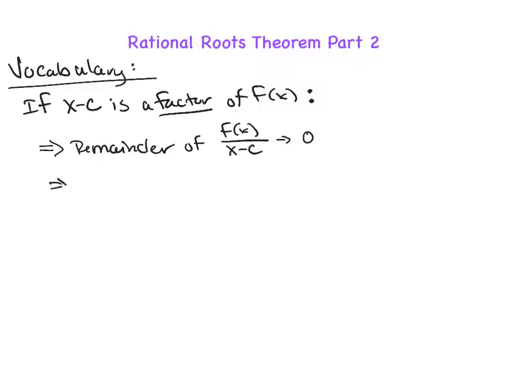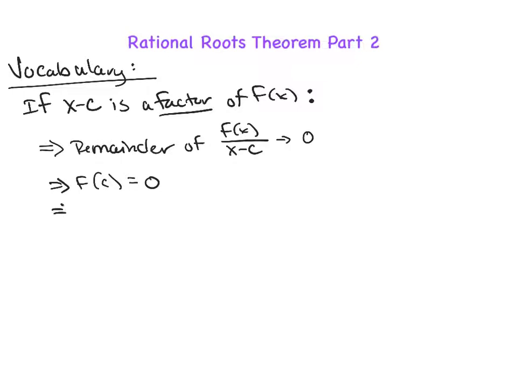The second thing that we can say is, it turns out that when you plug in x equals c into f of x, you get 0. So if you take x equals c and you plug it into f of x, you will get 0. That's really important.